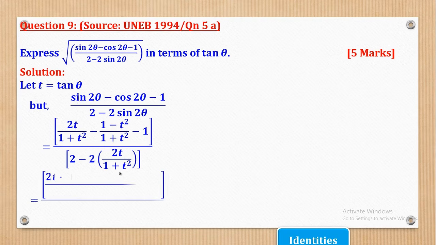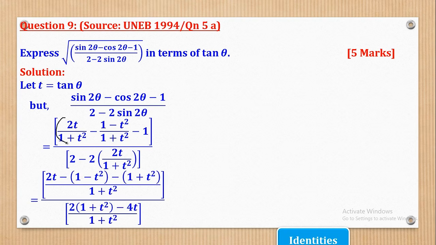Now next is to get the LCM for the numerator and also the denominator. So for this one, LCM is 1 plus t squared, which is that. Therefore, 1 plus t squared divided by this is 1, so we remain with this one alone. This is what is here. Also this cancels, we remain with this one alone, which is here. But remember to use brackets.